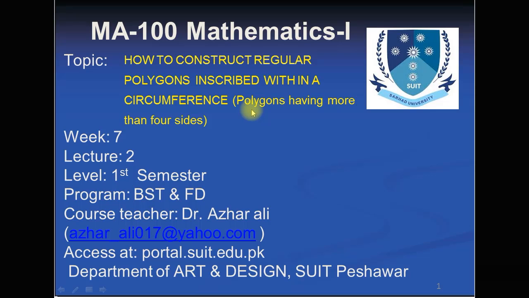Today in this second lecture of 7th week, we are going to discuss different types of polygons having more than 4 sides. So today our topic is how to construct regular polygons inscribed within a circumference, those types of polygons which have more than 4 sides.